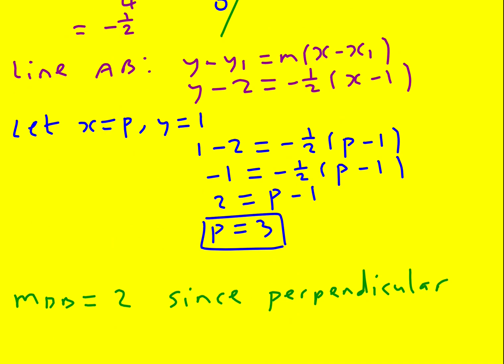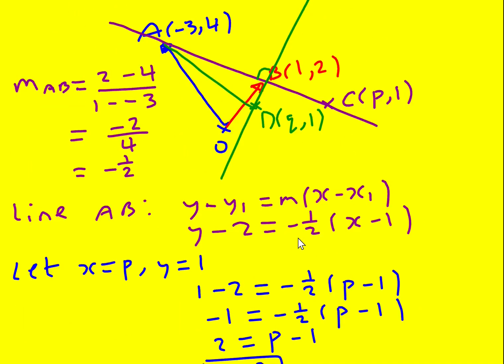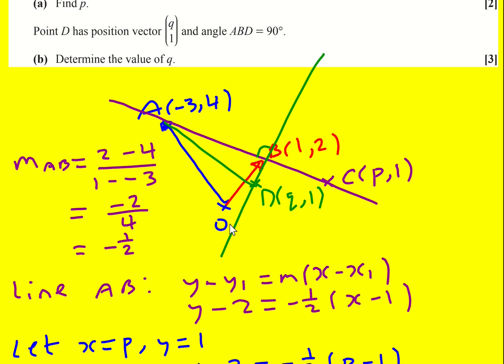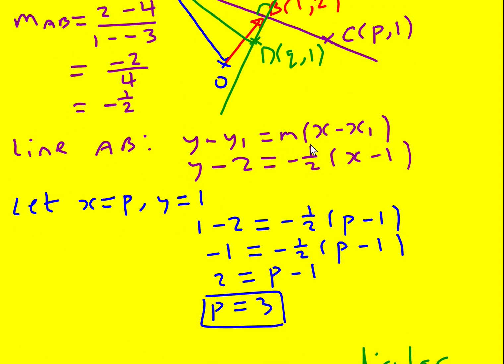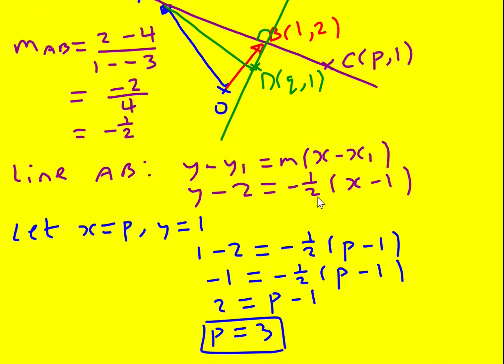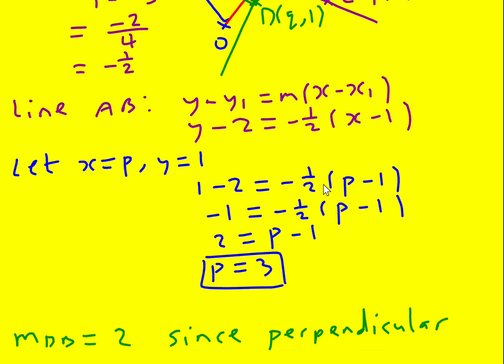Because we've done all this work in part A, we're nearly there, because I've got the gradient of a line that goes through B and D. It's going to go through B, so I can now again write down y minus y1 as m(x minus x1). It's just, instead of minus a half, I'll have 2.